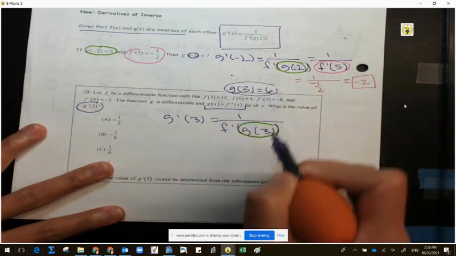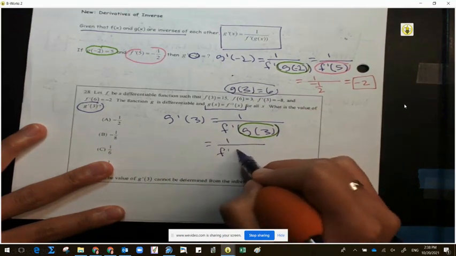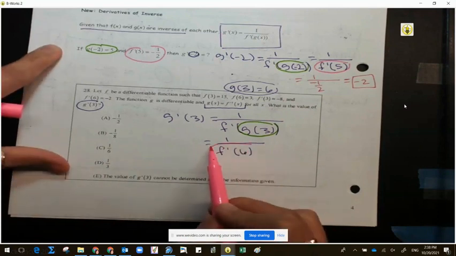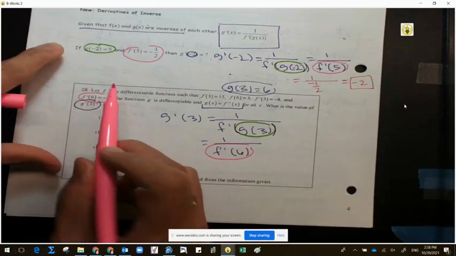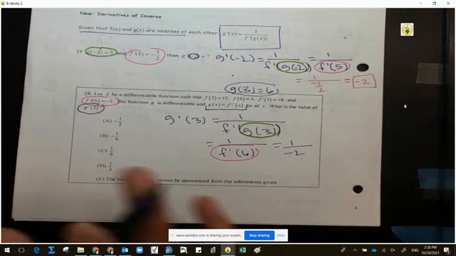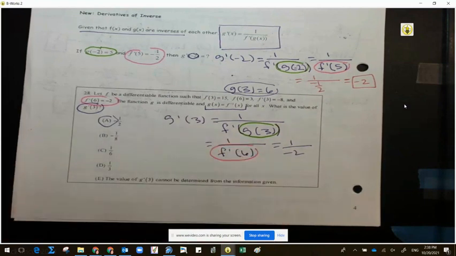And that I can plug in into that inside, right? So I have 1 all over f prime of 6. And then is there f prime of 6? Is that given to us? So we know this is 1 over negative 2. So knowing the formula is going to be very, very crucial. All right.